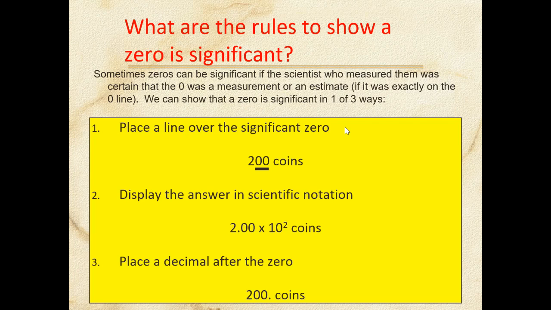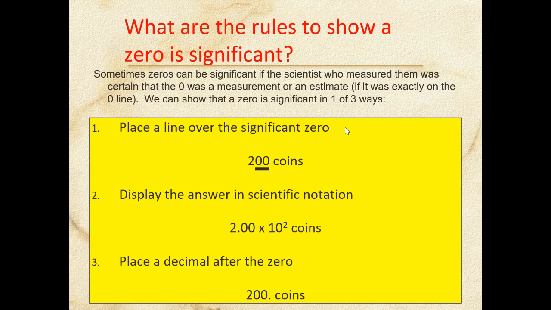We could display the answer in scientific notation. This second one is the traditional value in science. And then we could also place a decimal after the zero. All right, the second one is the one that we are going to use the most frequently as we make our way through the math program.